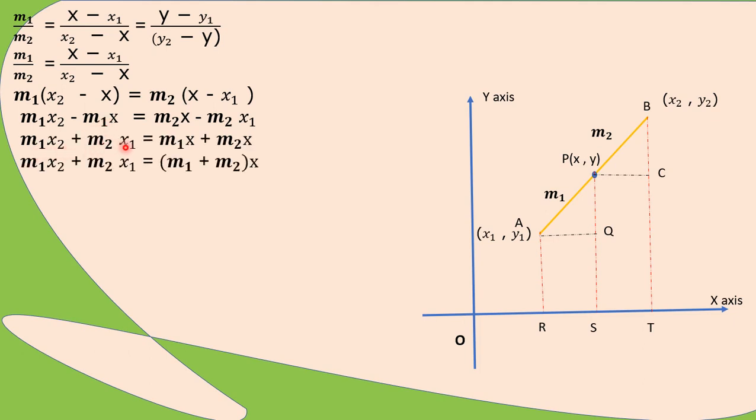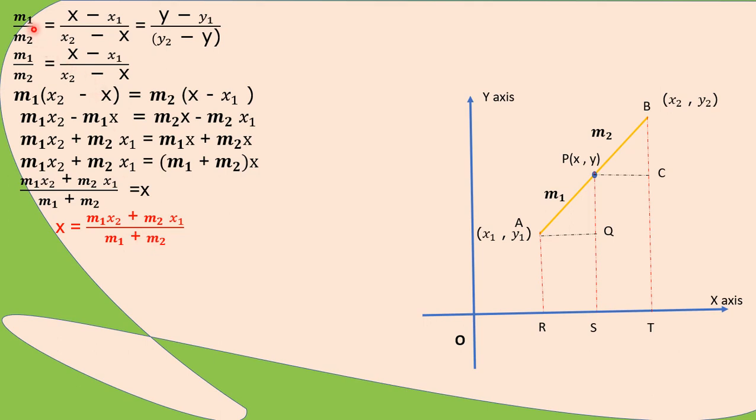So M1x2 plus M2x1 is equal to M1x plus M2x. Now M1x2 plus M2x1 is equal to M1 plus M2 into x. Now transpose M1 plus M2 to the left hand side, as it divides on the left hand side. So we have x is equal to M1x2 plus M2x1 upon M1 plus M2.